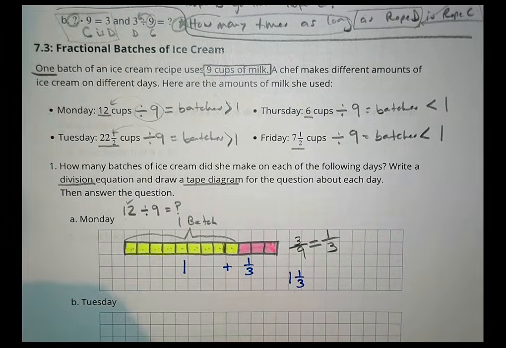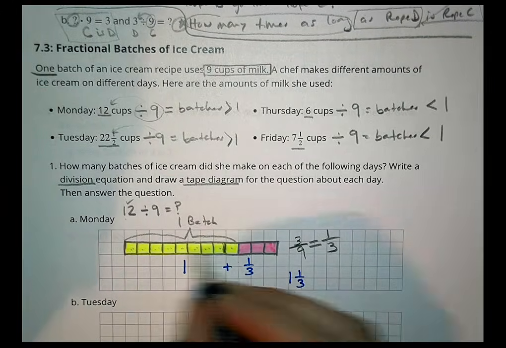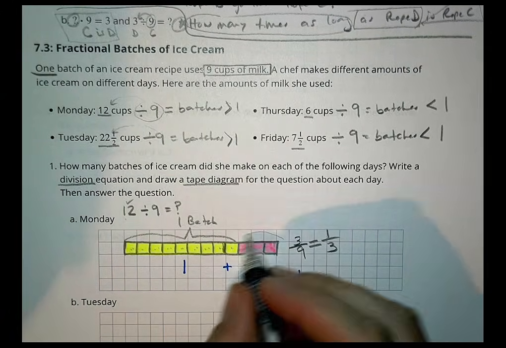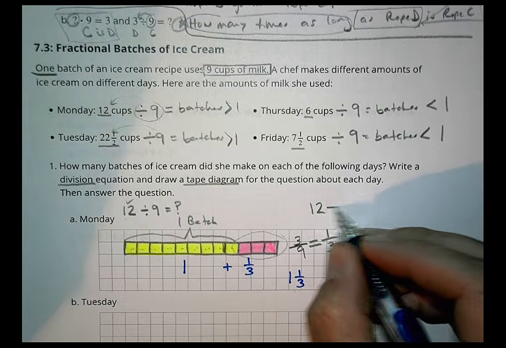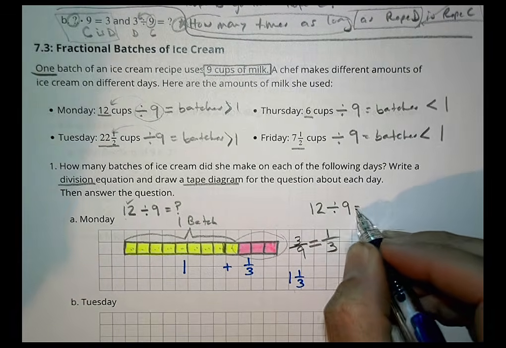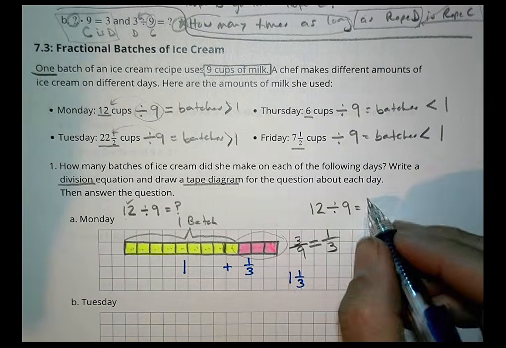So how many batches of ice cream did they make? They made 1 1/3 batches of ice cream. That's our one whole batch because those are the 9 cups. Then they used an additional 3 cups to make 1/3 of a batch of ice cream. So as a full division problem, we could write down 12 divided by 9 equals 1 1/3.